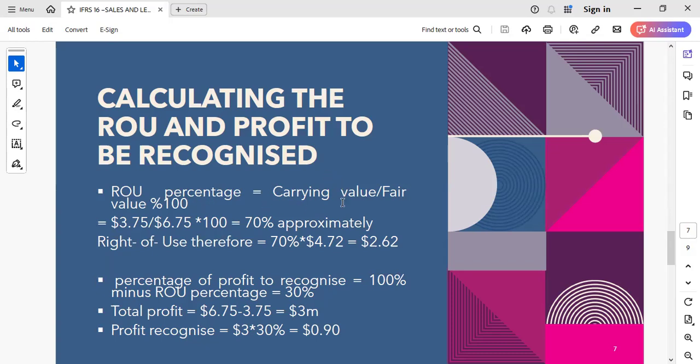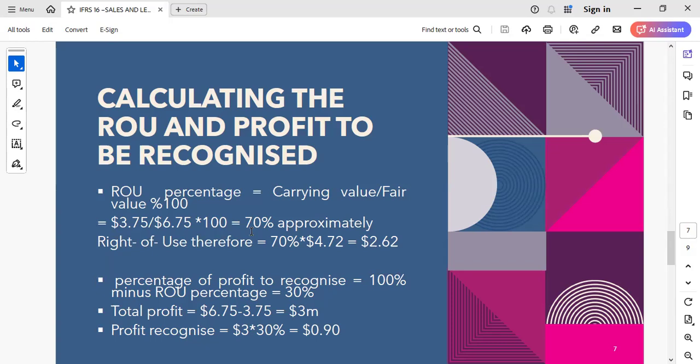You do the carrying value over the fair value of the asset multiplied by 100%. That becomes the right of use percentage. In this question, our carrying value is 3.75 and the fair value is 6.75, multiplied by 100. That means approximately the right of use percentage that we are supposed to recognize is 70%.